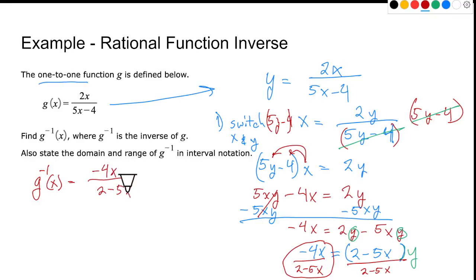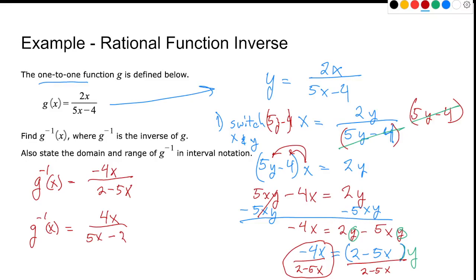But sometimes on multiple choice tests, they want to make it look pretty, so they move the negative to the denominator. So they say 4x over, the 2 became negative, and the 5x became positive. So it looks like that. These are equivalent. You still have the 2, the 5, the 4, but they're all in different locations. It all worked, okay? And so we've got the inverse function.